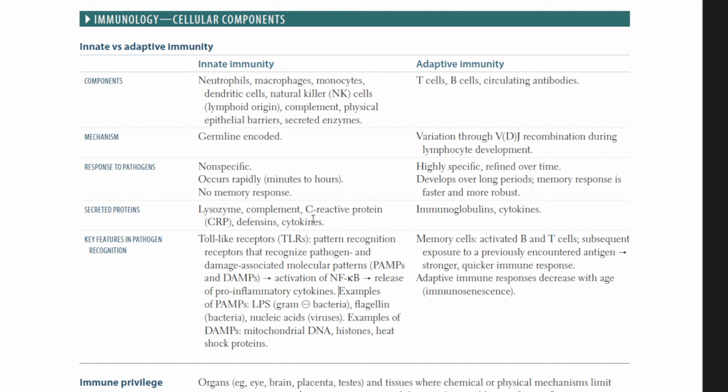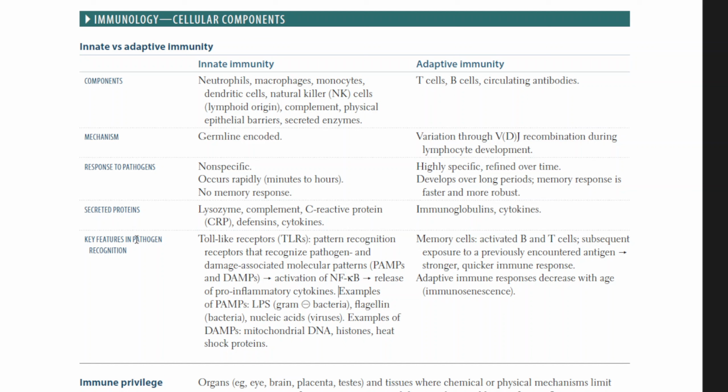We have another component here too, the C-reactive protein. On the other side, the adaptive immune system only has immunoglobulins, and the cytokines are in both. So in innate immunity, you are born with all this process here.